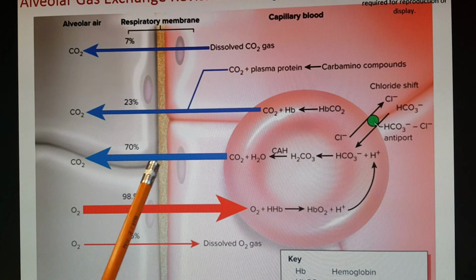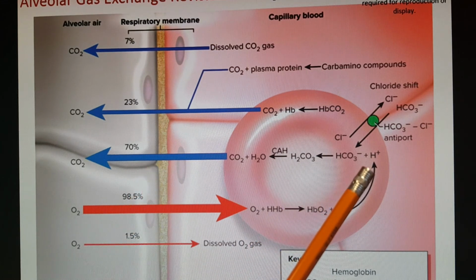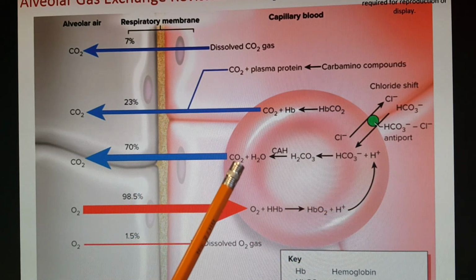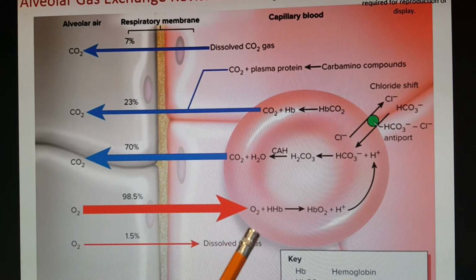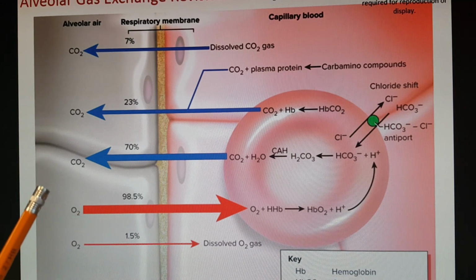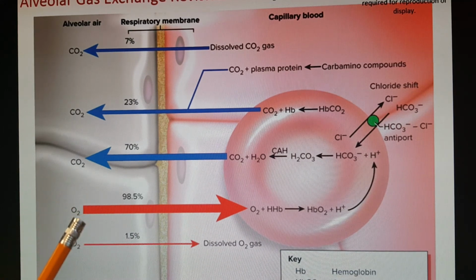And then most of it comes from the reverse of that carbonic acid equation, as well as for your oxygen, so high oxygen partial pressure in the alveoli, driving oxygen to lower oxygen partial pressure in the capillary blood.